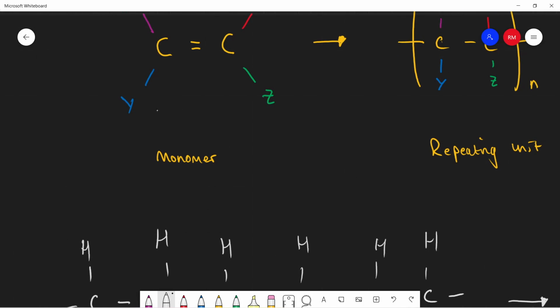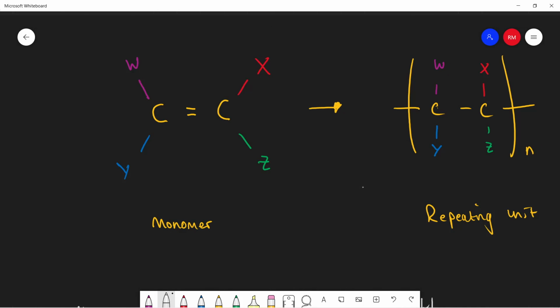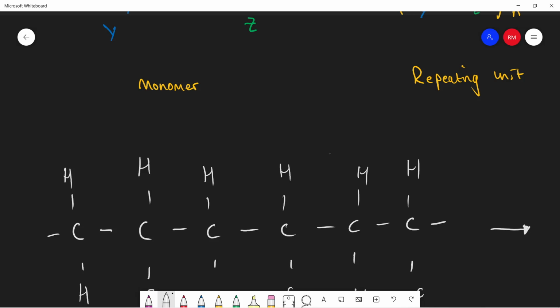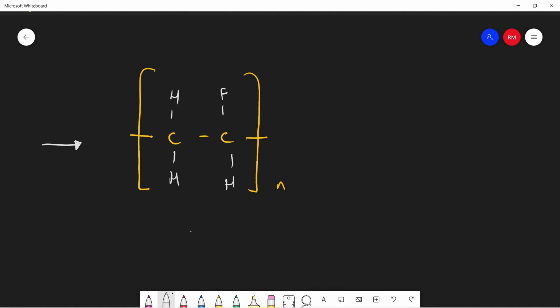now that I've shown you, this is just a little challenge here. Now that I've shown you the monomer to the repeating unit, and it's from this polymer here, how might we be able to draw the monomer for this polymer, for this repeating unit? Well, we know it's going to have 2 carbons, and they're obviously going to be double bonded.